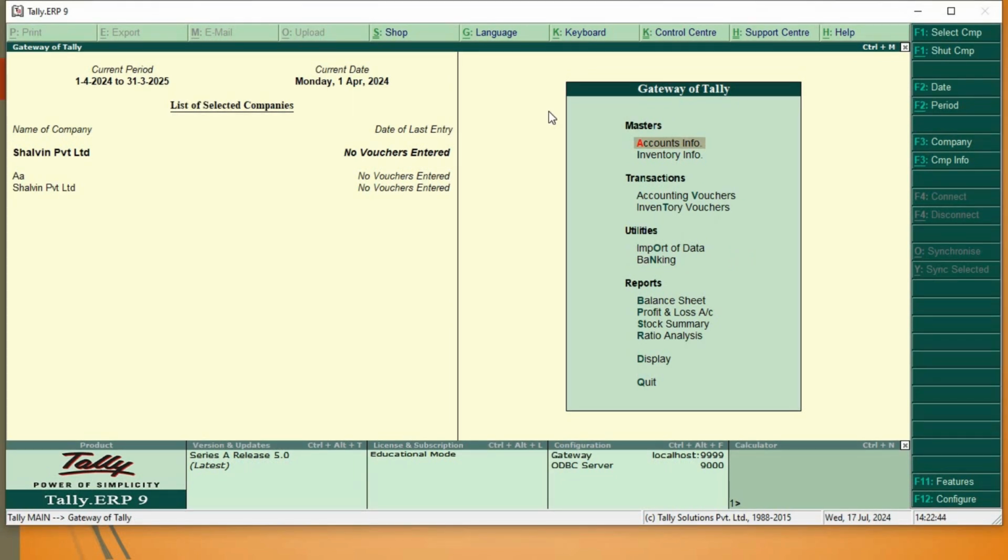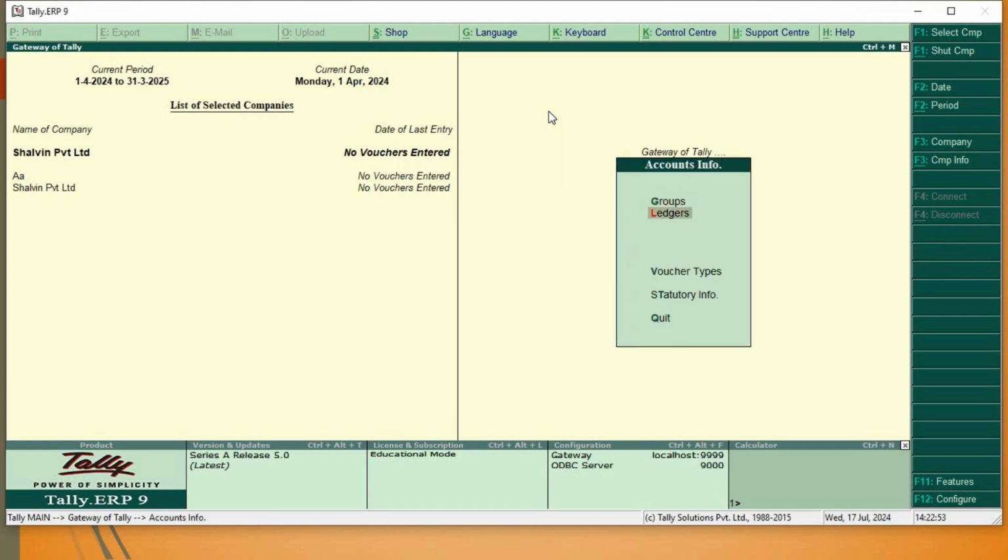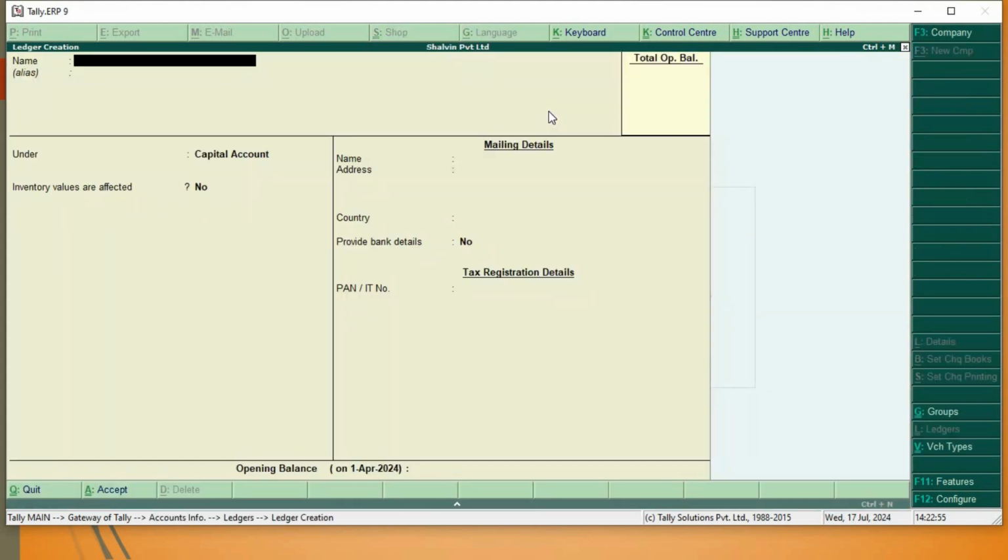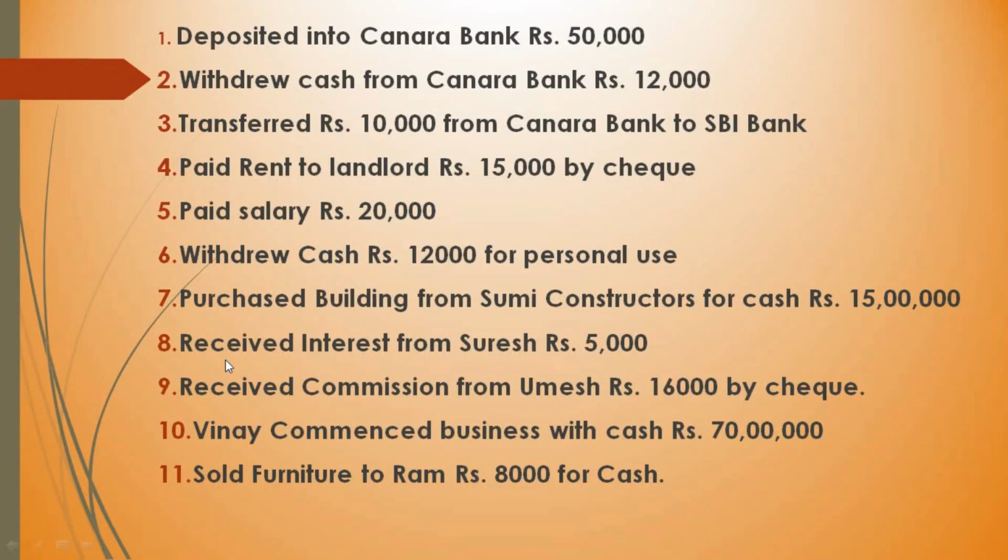So before moving on to Voucher entries, first we need to create the ledgers for the Voucher entry. Just press accounts info, ledger, create. So your first transaction, deposited into Canara Bank rupees 50,000. So what are the two types of ledger account you require? One is Canara Bank, the other one is cash account.